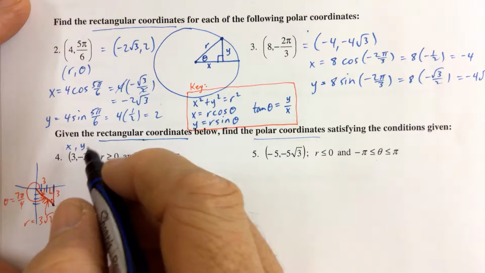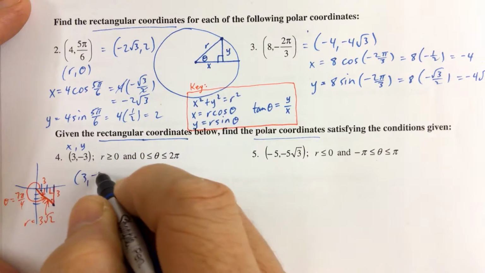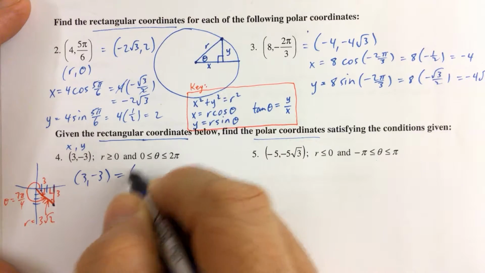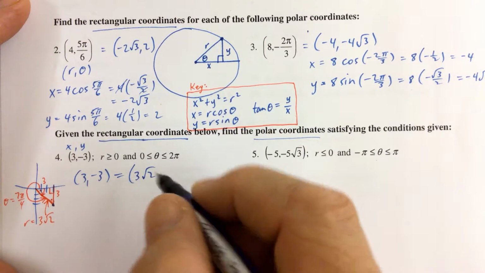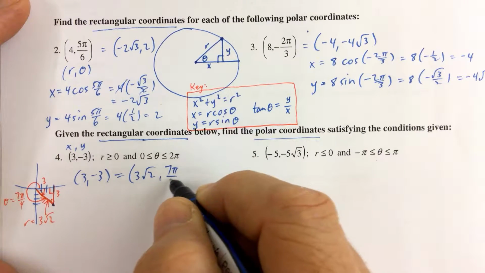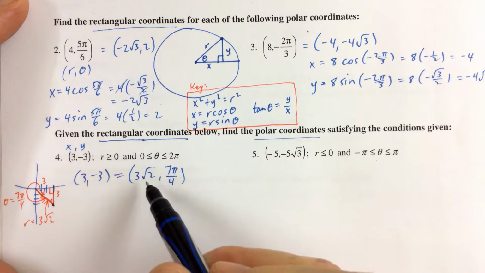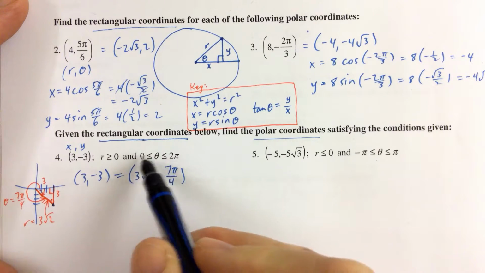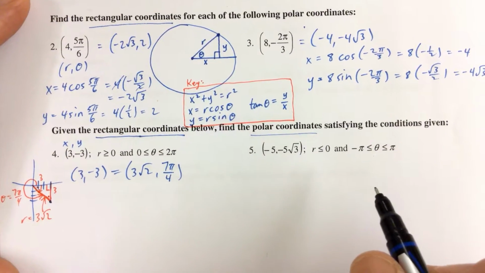And so we have 3, negative 3 equals r is 3 radical 2, and then theta is 7 pi over 4. And those meet the conditions. The r is positive and the theta is within the unit circle. So we can move on to the next one.